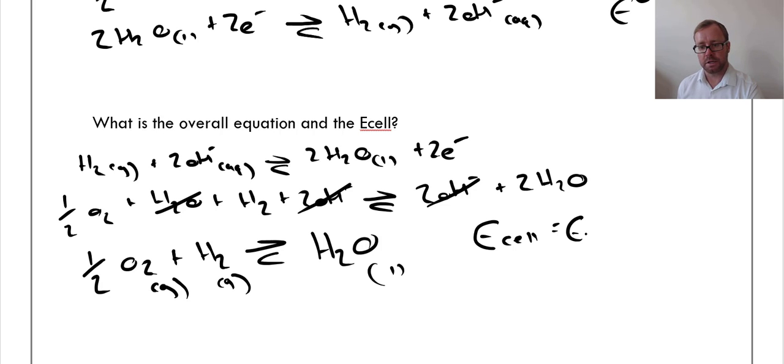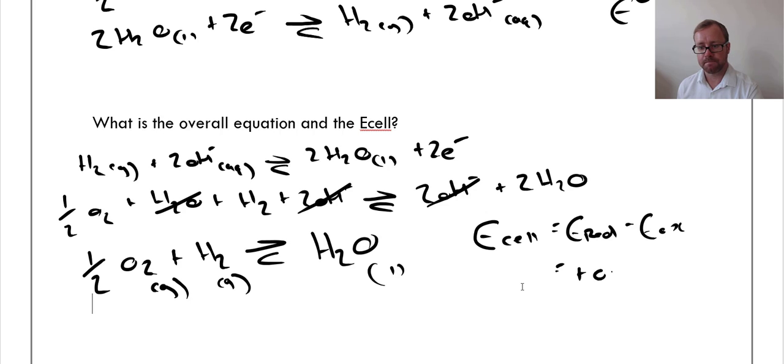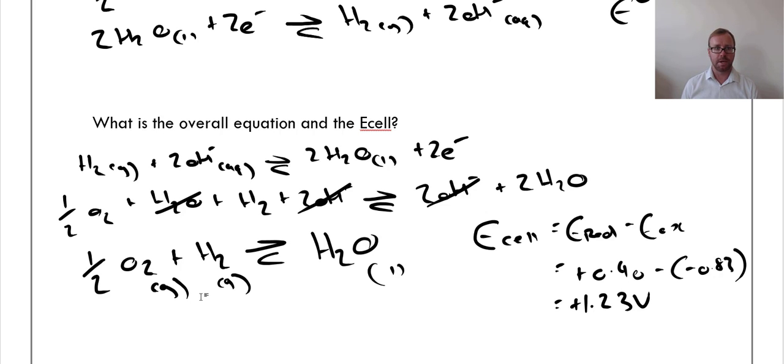Then I can calculate my cell potential, which will be plus 0.4 minus minus 0.83, which gives me a value of plus 1.23 volts. Okay, straightforward. So you may be asked to work this out. It's not quite as difficult in exams as I made it out for you, but it's always good practice.